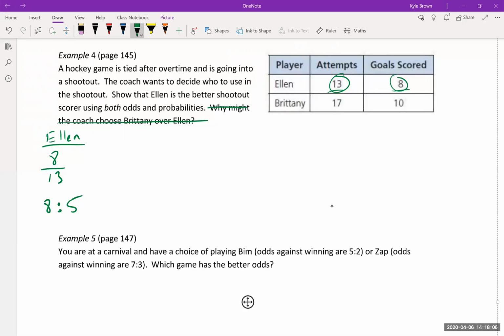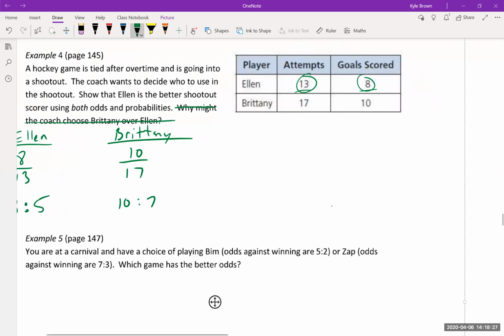And then we got Brittany. She has 10 over 17. So 10 over 17 probability, which would make that 10 to 7 odds. So with the probabilities here, it's kind of hard to tell.